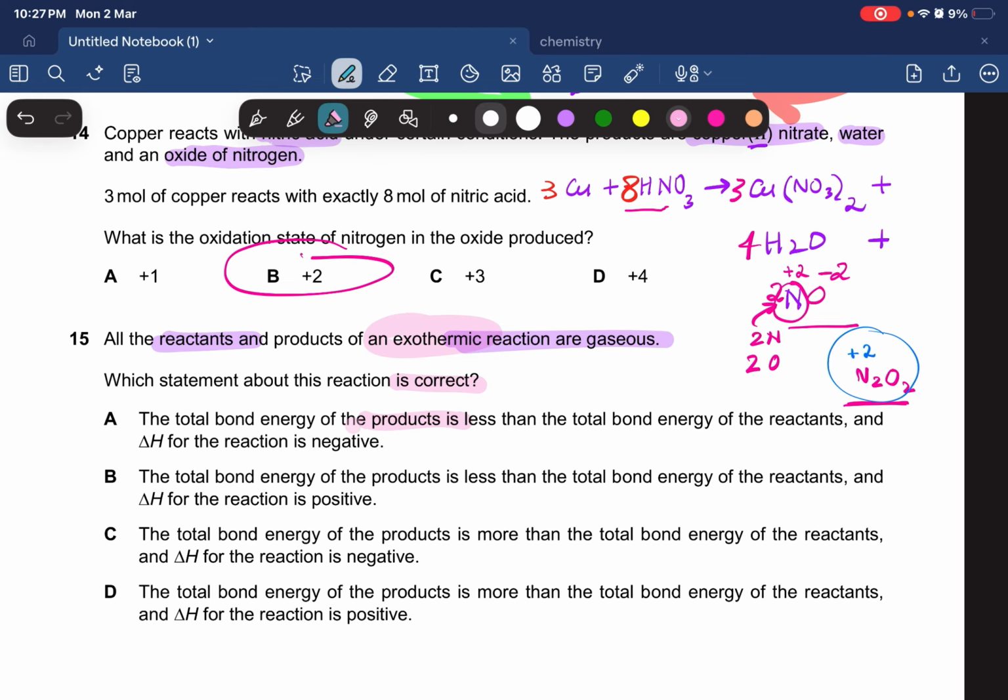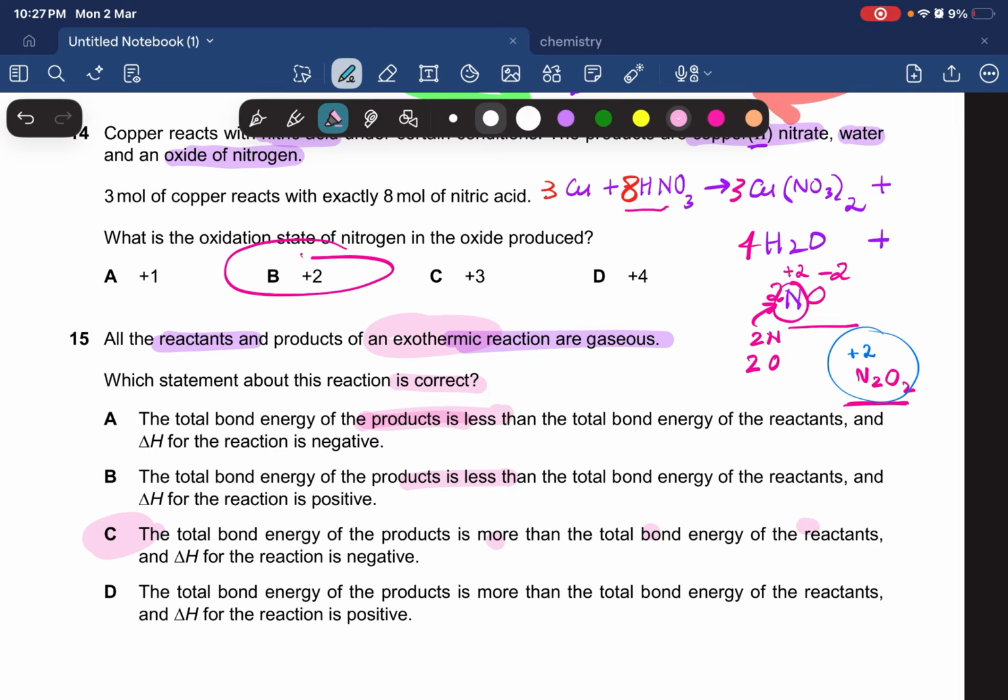The total bond energy of the products is more than the total bond energy of the reactants, and delta H for the reaction is negative. Exactly what was in my mind.